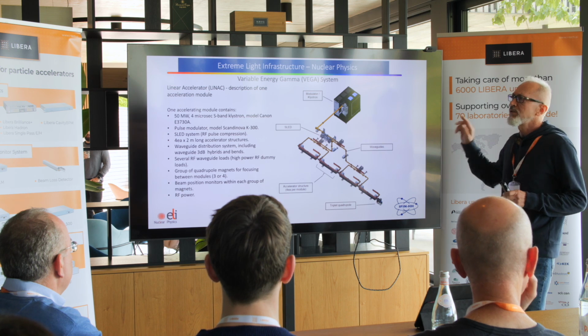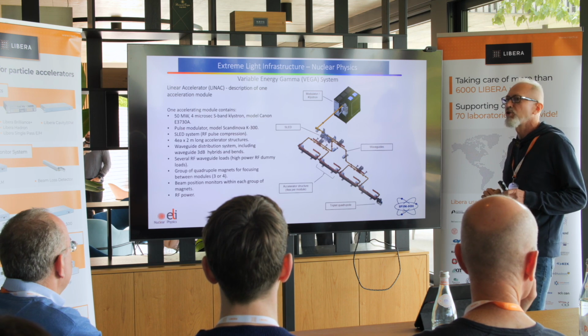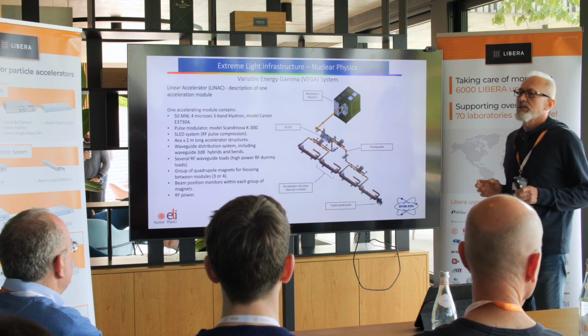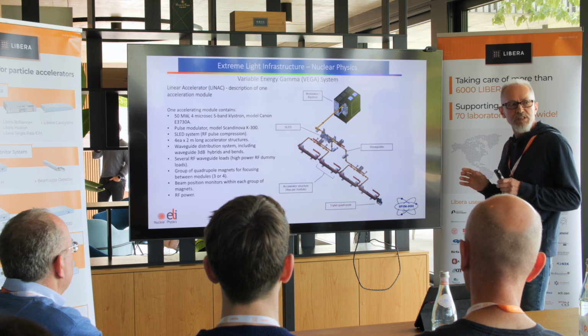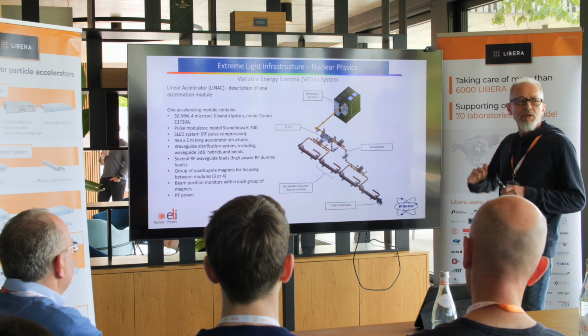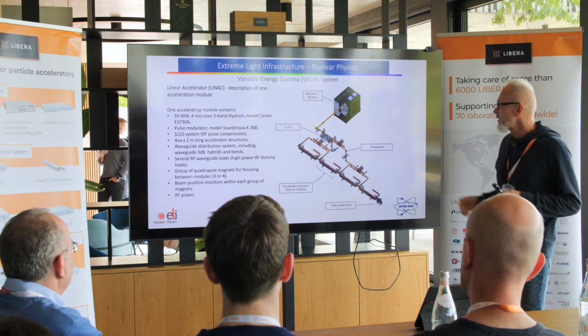The pulse generated by the klystron has a length of 4 microseconds, and the SLED compresses the pulse to less than 1 microsecond, and raises the power almost 3 times compared with the power generated by the klystron.